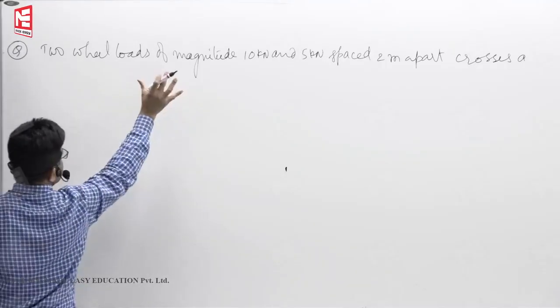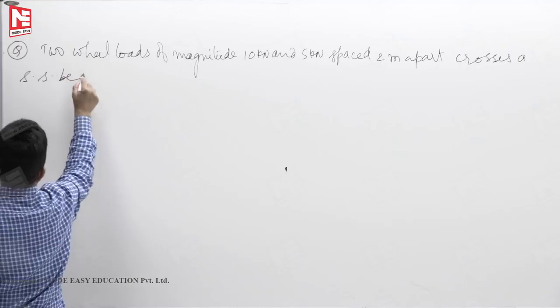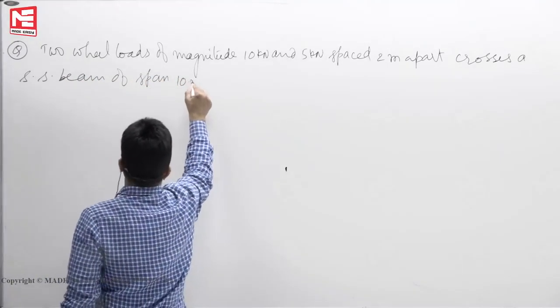Two wheel loads is a set. It crosses a simply supported beam of span 10 meters.